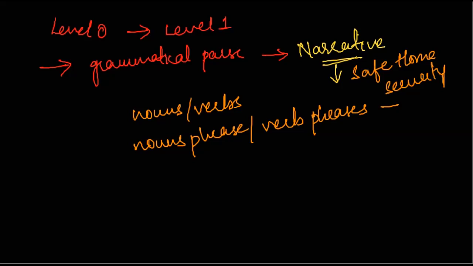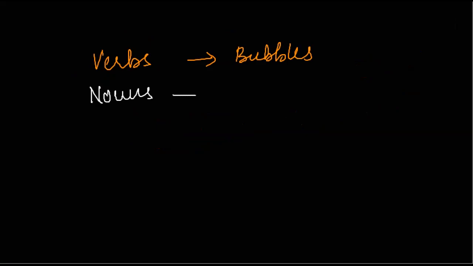Now when you're identifying all the nouns and verbs, how are you going to transform this? All your verbs are going to be converted into bubbles. Then all your nouns are going to be converted into boxes. What are boxes? External entities.